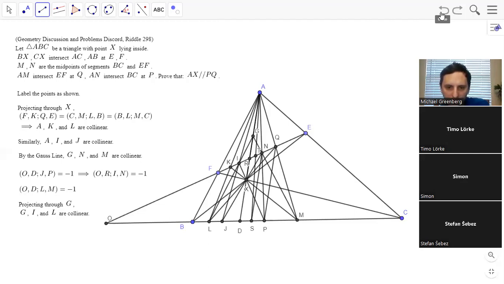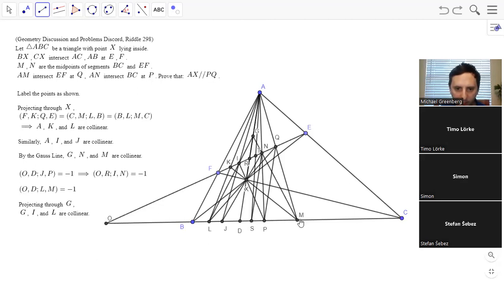So if GT and P are collinear, so if we have IR, that would mean the cross ratio IRTN would be LDPM.